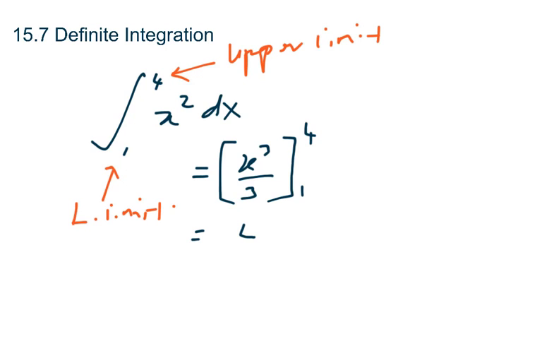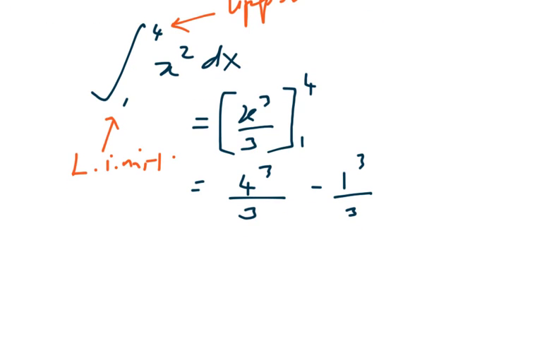So first will be 4 to the power of 3 divided by 3 minus 1 to the power of 3 divided by 3. Hence, you just need to solve by using a calculator, where you are going to get 21. So this is definite integration, where you are getting a final answer, and there's only one value without a constant.